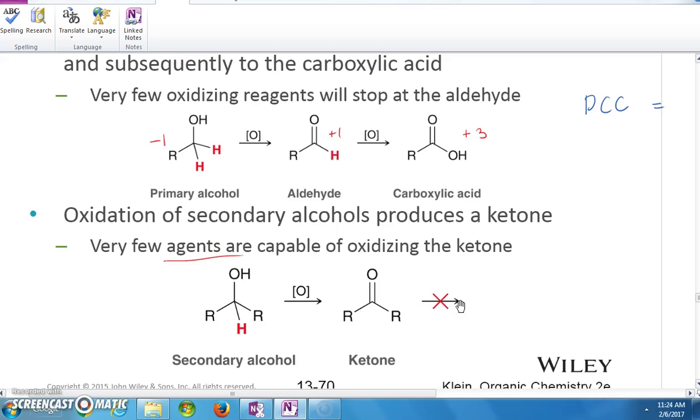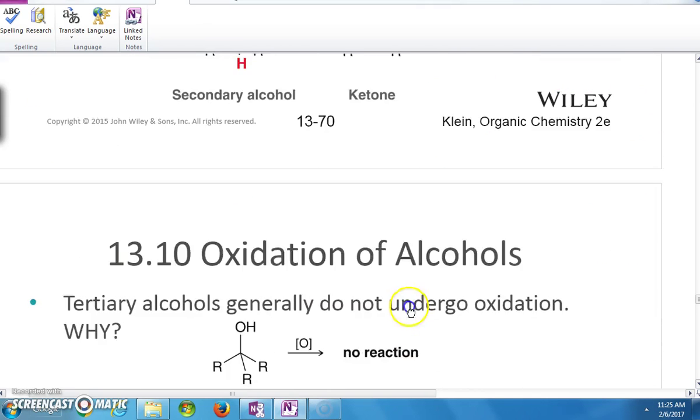You have a secondary alcohol to a ketone, and the oxidizing agent in this case can be your Jones reagent, which is potassium dichromate in the presence of sulfuric acid, or you can use PCC. PCC will also work in methylene chloride.